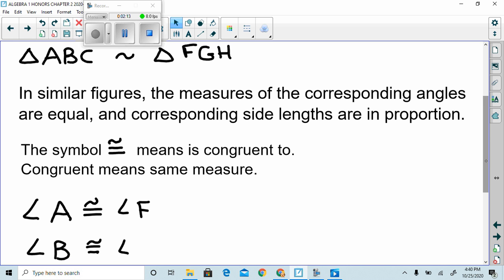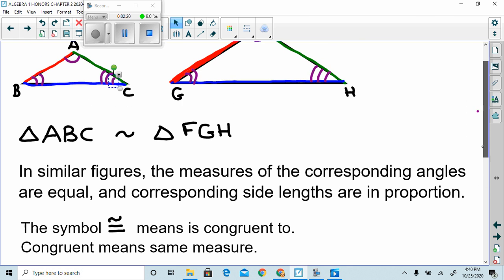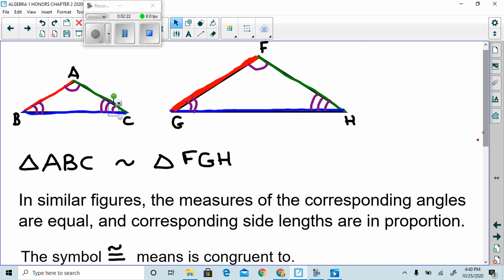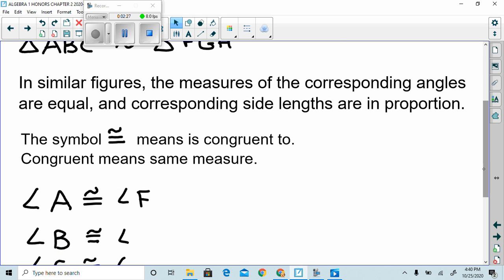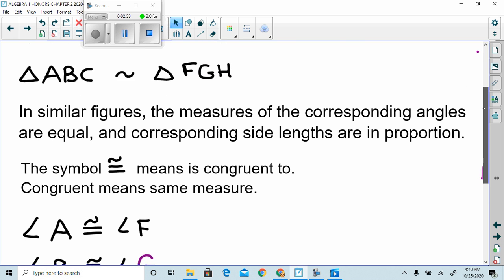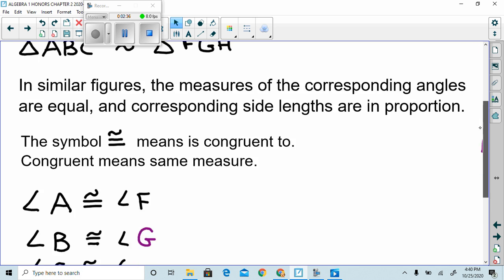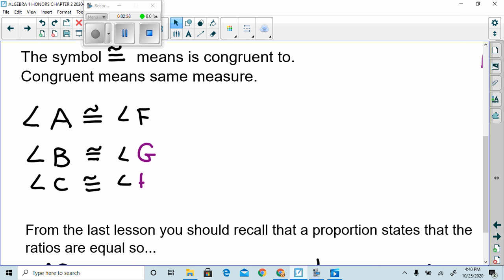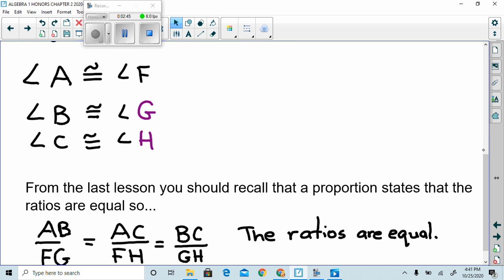I already showed you by highlighting it on the figure, but let's talk about that again. If we take a look again, angle A, we said, corresponds to angle F. Angle B will correspond to angle G. And then we have angle C, let's go back up, will correspond with angle H. In the last lesson, we also learned that a proportion states that the ratios are equal.